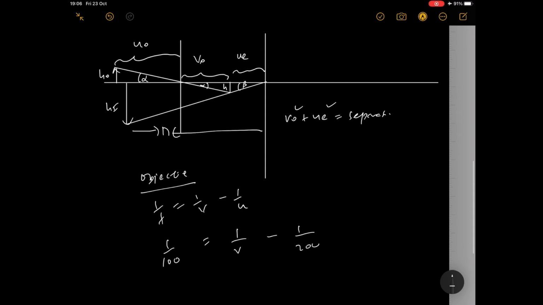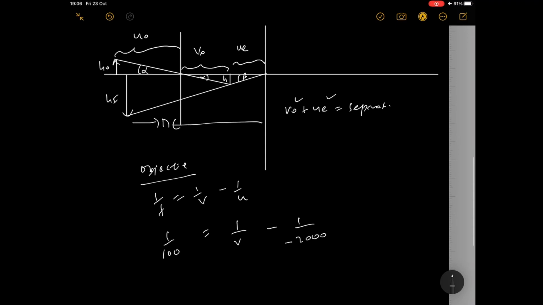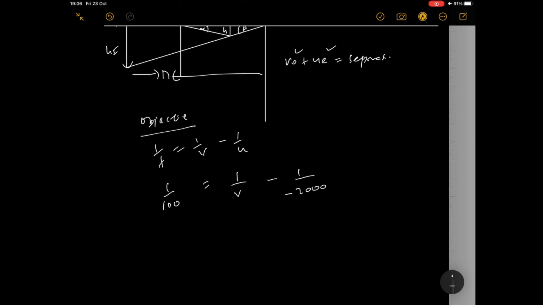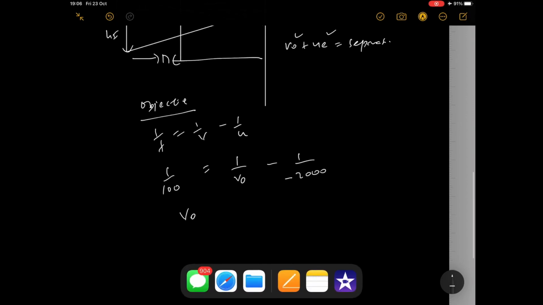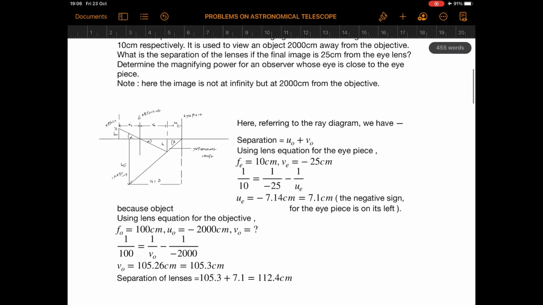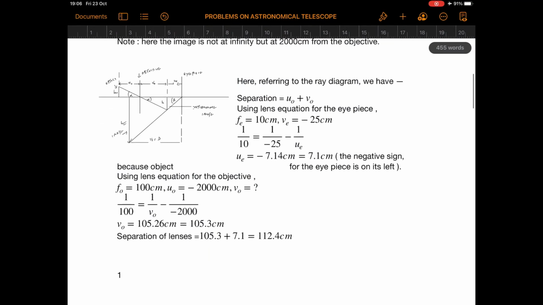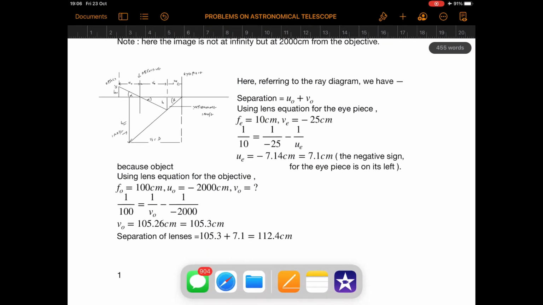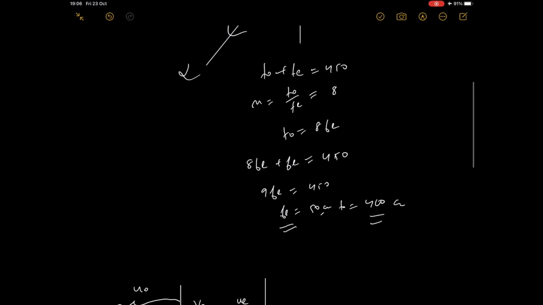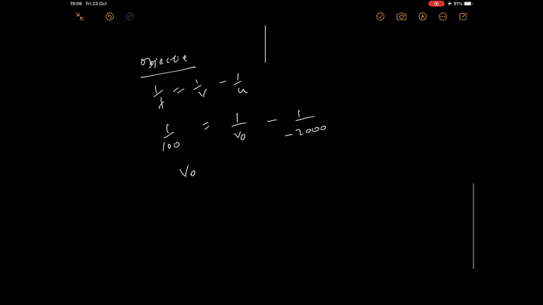The object distance is 2000, and because it's to the left, we put a negative sign. So as far as the v of the objective is concerned, we have found that VO is 105.3 centimeters.